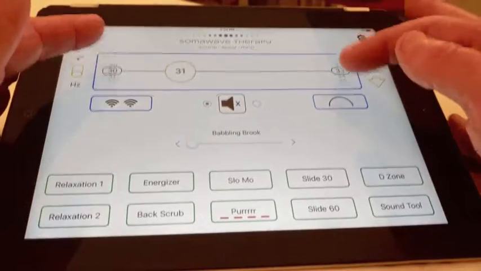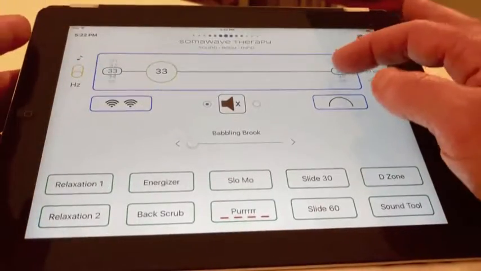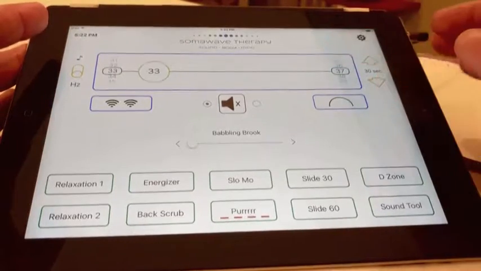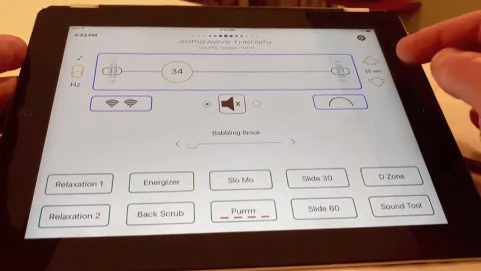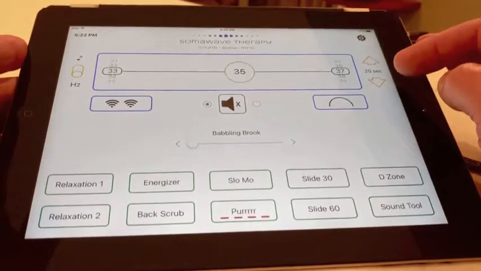And again, play with the frequency range. If you don't want 30 to 33, you might go 35, 33, 35, 37. You might want a slightly different, faster action.